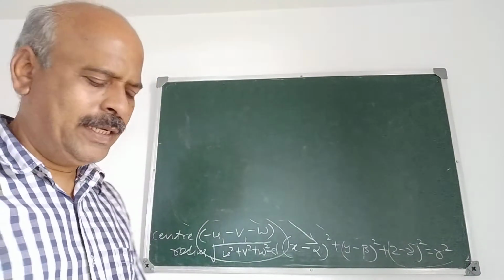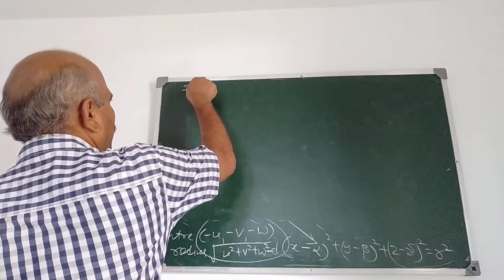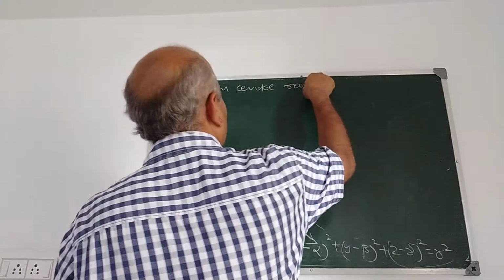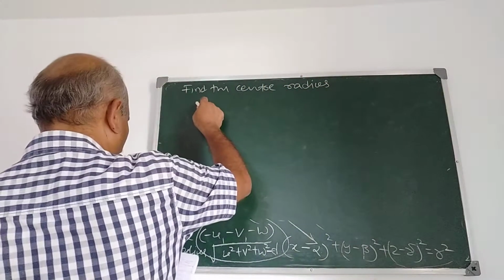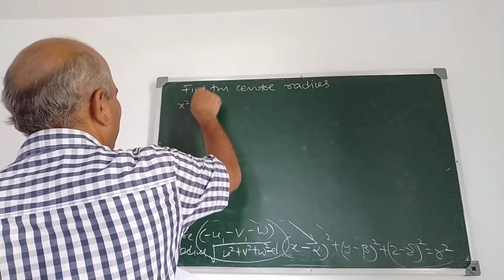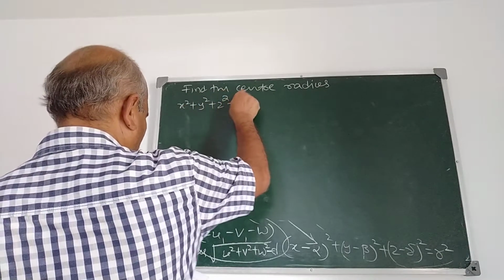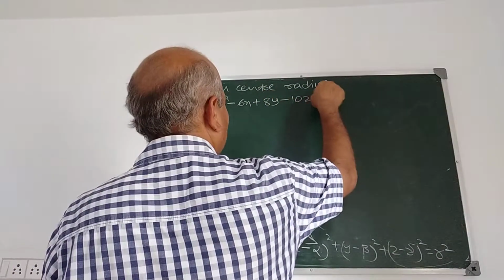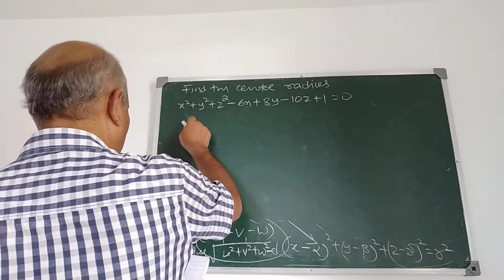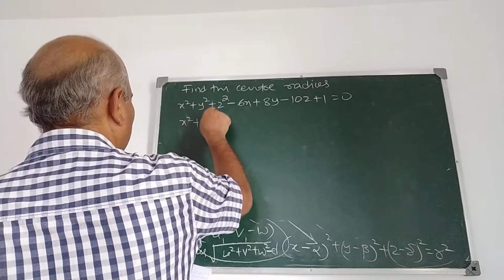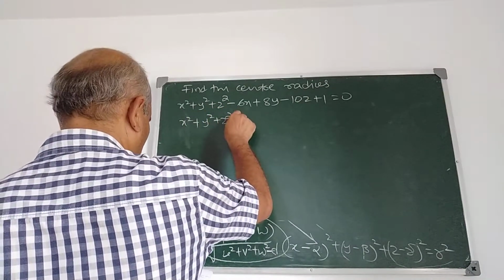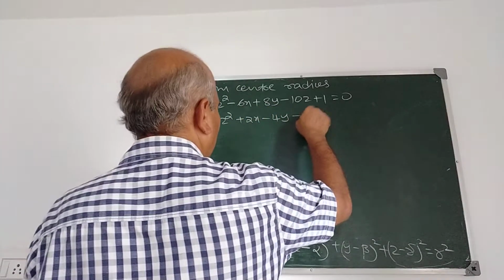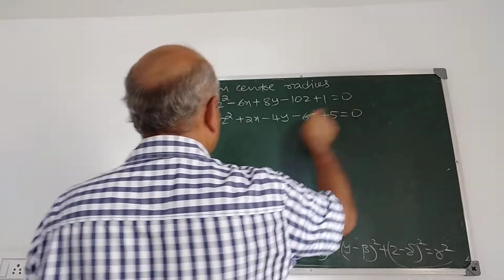Find the center and radius of: first one, x square plus y square plus z square minus 6x plus 8y minus 10z plus 1 is equal to 0. Second, x square plus y square plus z square plus 2x minus 4y minus 6z plus 5 is equal to 0.